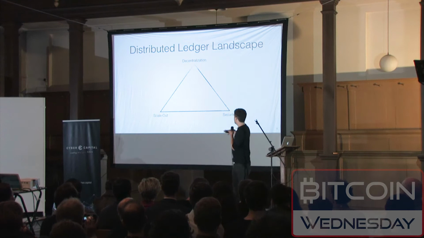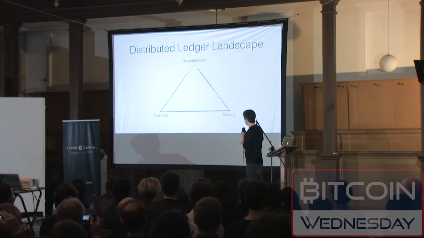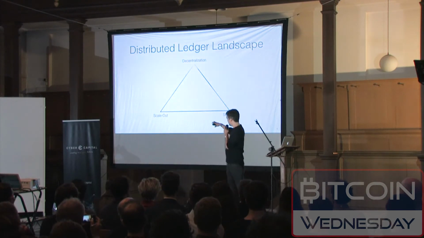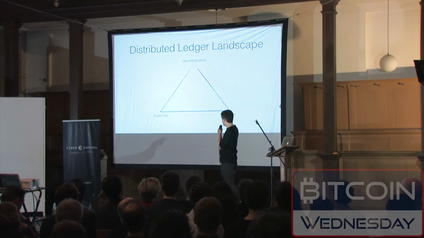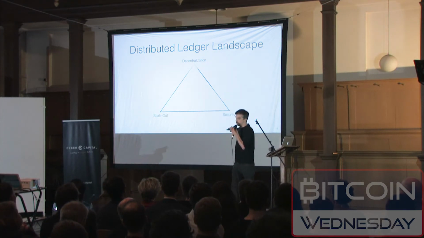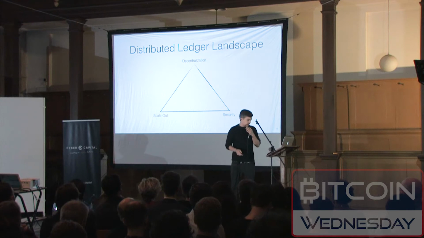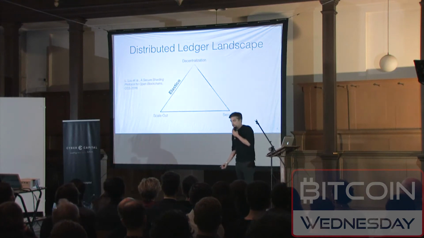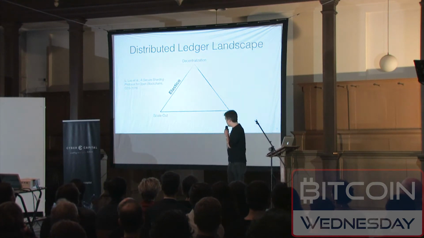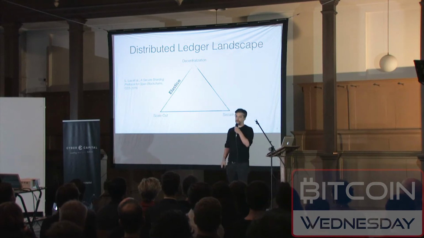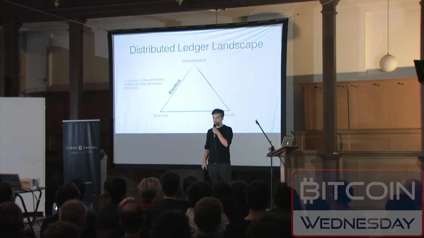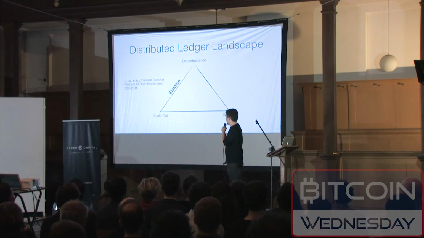So we have here a triangle with 3 different dimensions. On the left-hand side we have scale out, on the top we have decentralization, and on the right here we have security. And the first project that I wanted to mention is the Elastico Project, which was presented by researchers in 2016, last year, by Luu et al.